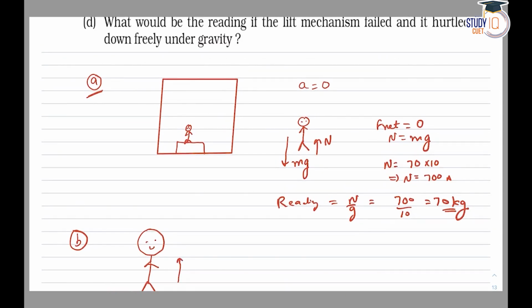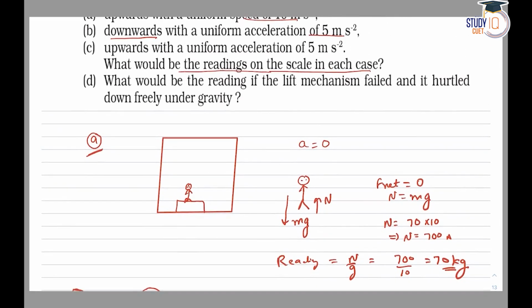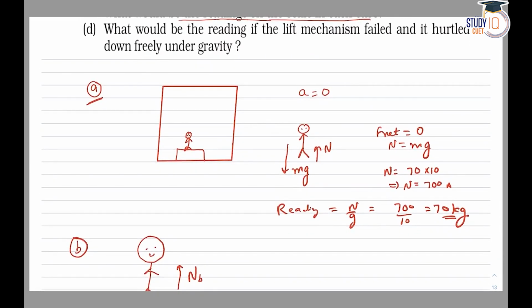In this case, the normal reaction is equal to NB. Gravitational force is mg. As the lift is moving in the downward direction with acceleration of 5 meter per second square, as we all know, the net force will be in the direction of acceleration. So net force is in the downward direction.